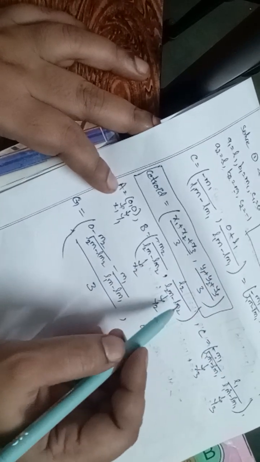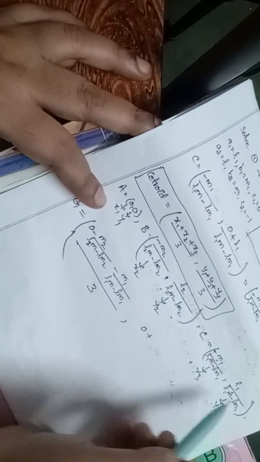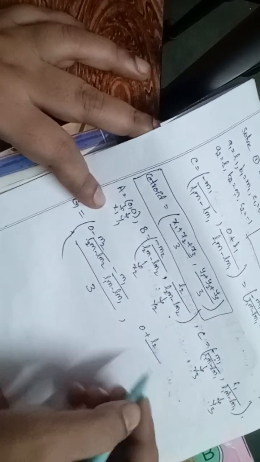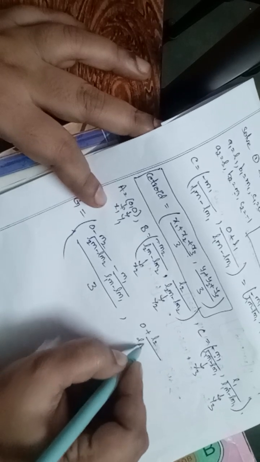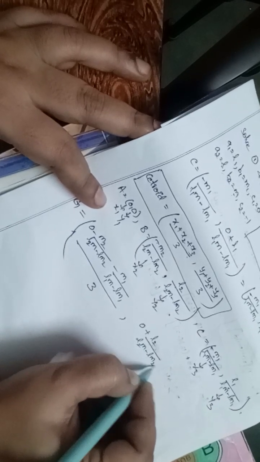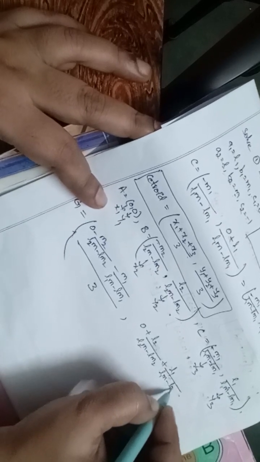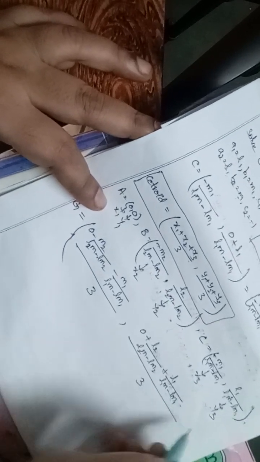Here both y's are positive, so directly you can add: 0 plus L2 by L2m minus LM2 plus L1 by L1m minus LM1, whole by 3.